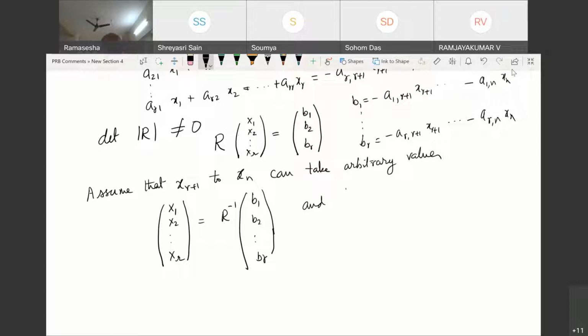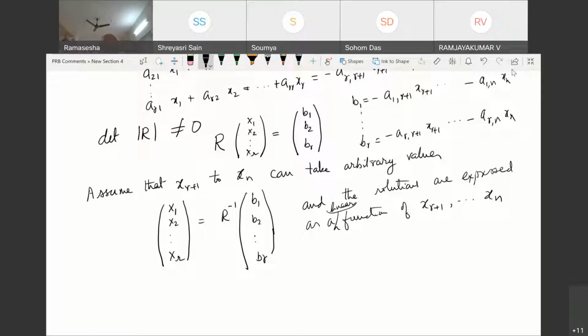And the solutions are expressed as a linear function of xr plus 1 to xn. Is that clear?